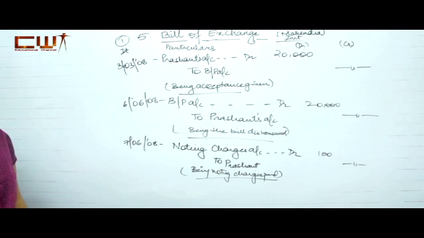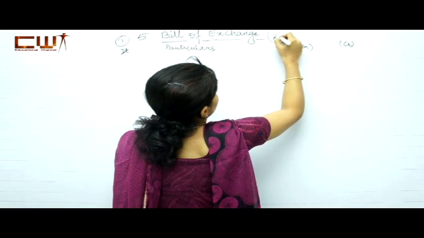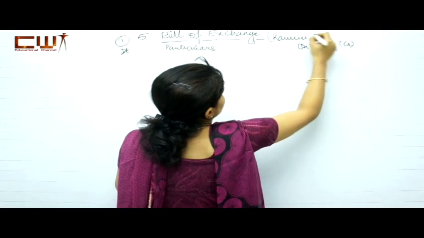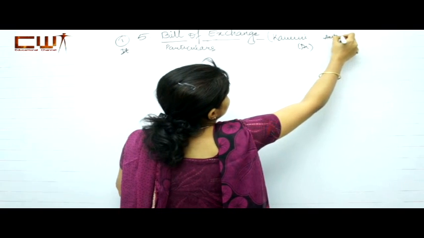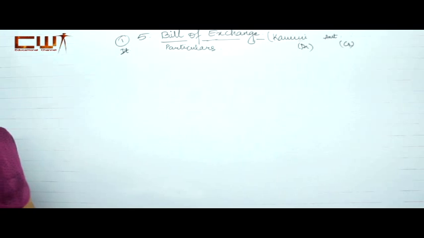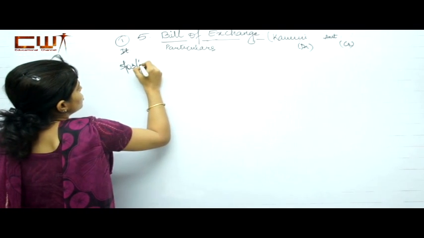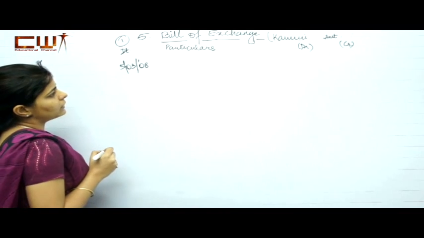These are the entries that are done in the books of Mahendra. Now they are also asking to make the entries in the books of Kamini. So we are passing the journal entries in the books of Kamini. On which date is the bill drawn on Kamini? 5th of March 2008. Who is drawing the bill?